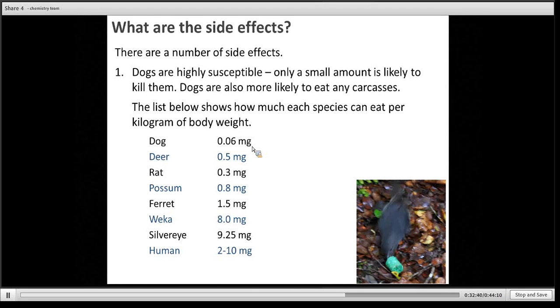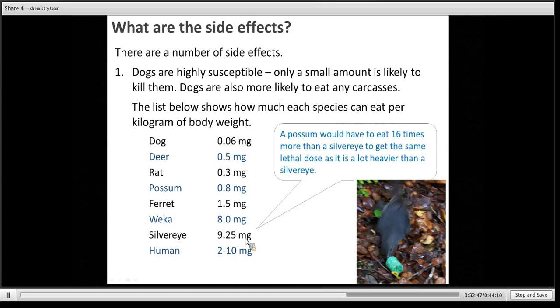Remember, by looking at this per kilogram, a small bird like a silver eye looks as though it is a lot less susceptible than a dog, and in a way it is, because it needs to eat a lot more per kilogram body weight. But if you think of the size of a silver eye, it's very much smaller, so it only needs to eat even much less than a dog for it to be poisoned. So think of the size of the animal to see how susceptible it is.